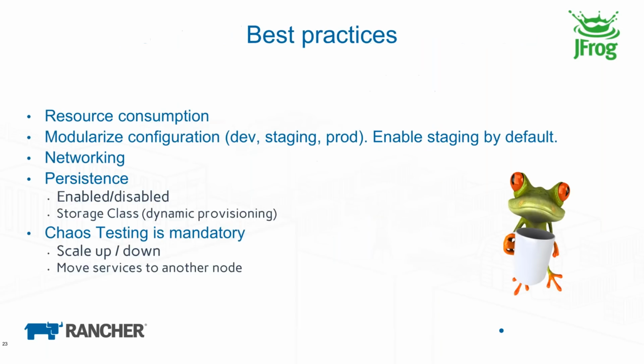And there are more best practices that I now need to start engaging in. One is resource consumption. When you start looking at all of these containers and you start adding more and more of them, resources matter. They're not free. You don't want to pay too much attention to resource consumption too far up front, but you do need to pay attention to it.